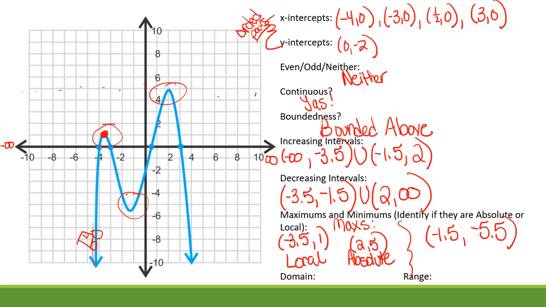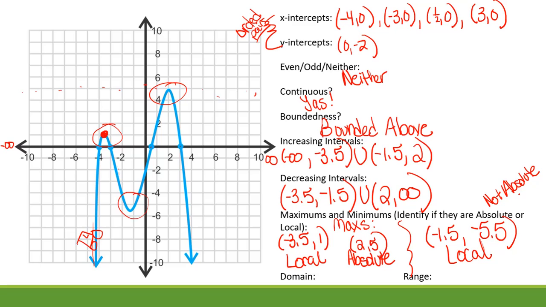Well, it's not as far down as the graph goes forever, right? Notice this graph's going down forever. So this guy is not technically an absolute minimum. This guy would be a local min. He is not the lowest the graph can be, so I would call him a local minimum on my graph. This graph in particular does not have an absolute minimum.